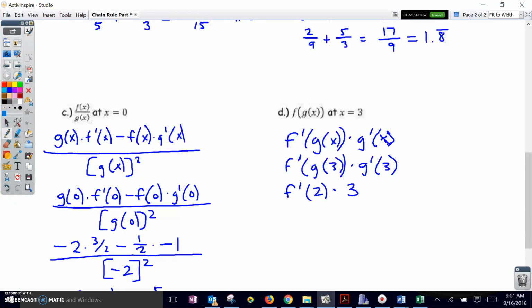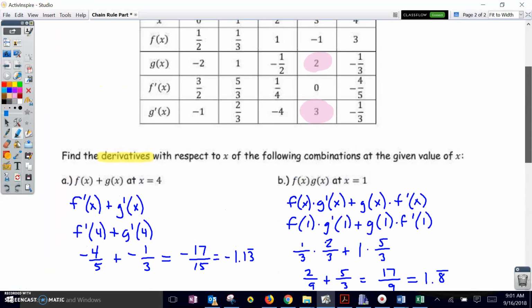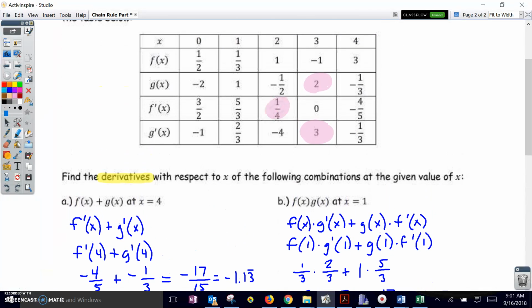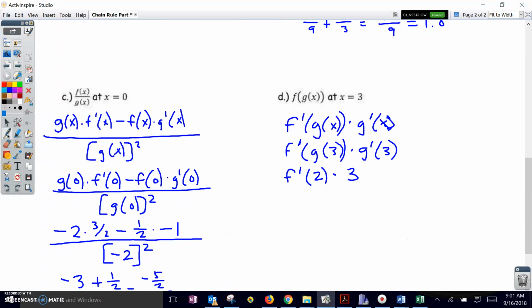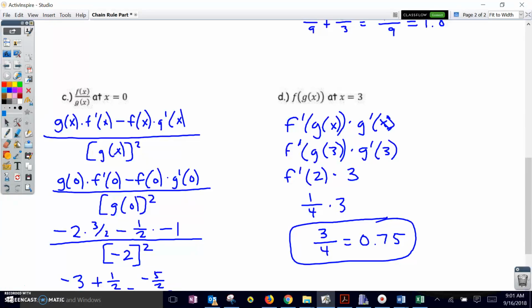And now I need to look up the value of f prime of 2 from my table. F prime of 2, right here, 1/4. So I'm going to substitute that in. And we end up with our value for the derivative, or for those of you who like decimals, 0.75.